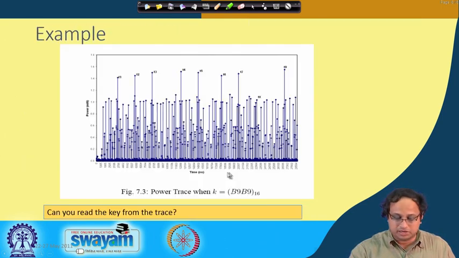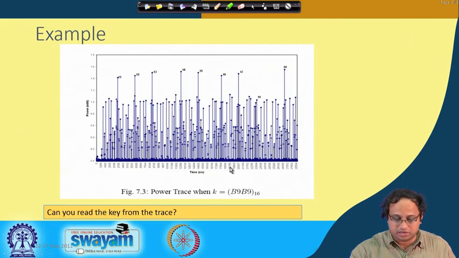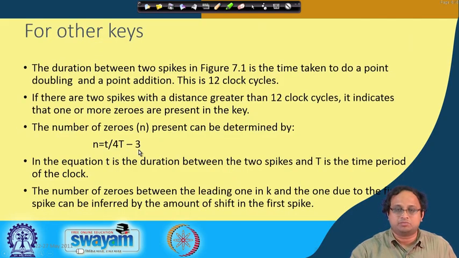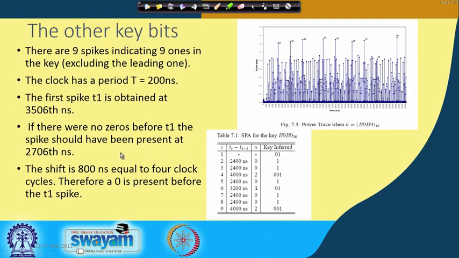So if I plug 2400 into t by 4t minus 3, then this is 2400 divided by 4 into 200, okay. 2400 by 4 is 600, divided by 200 is 3. So 3 minus 3 is 0, okay. Therefore, n stands to be 0. So we do it here and we find that n is 0.